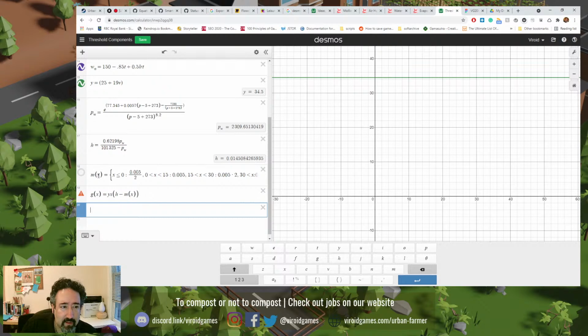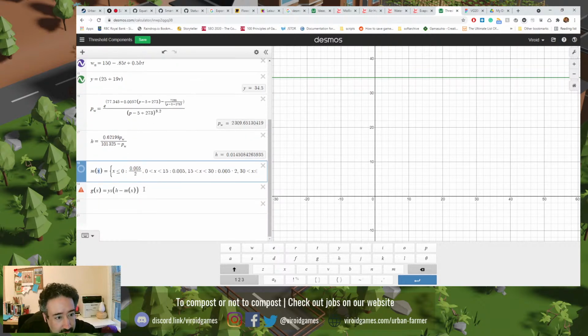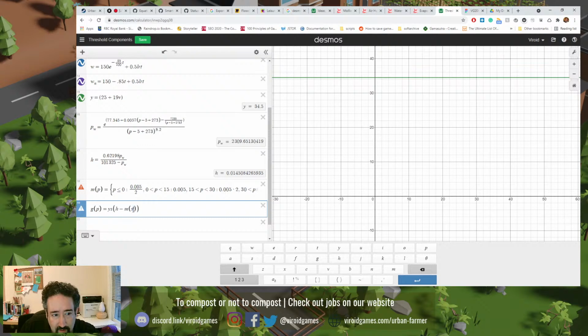But x is actually the temperature. P. This is actually m of p. P can actually be the temperature that is bound to A. G of p is actually this. What's wrong with you?